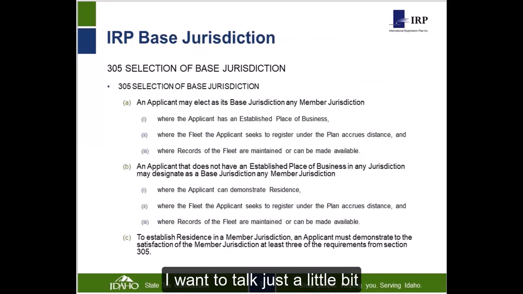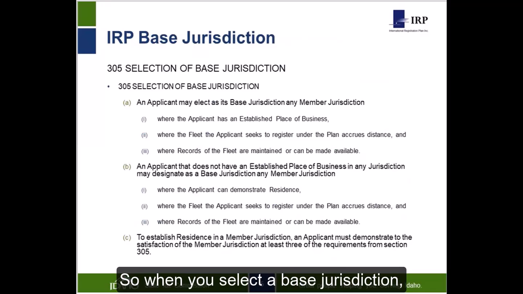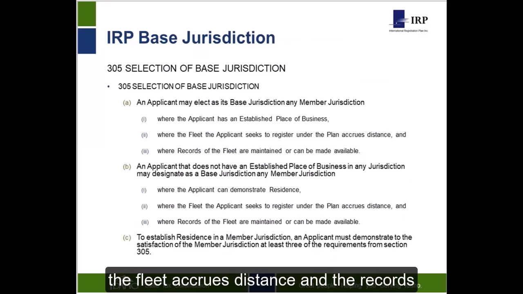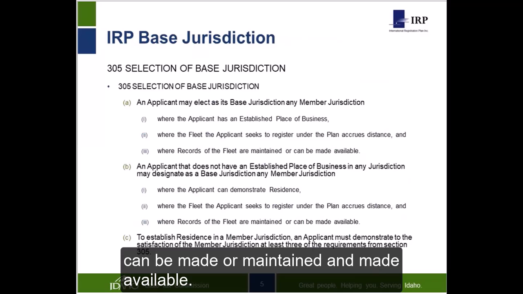I want to talk just a little bit about the IRP base jurisdiction. So when you select a base jurisdiction, the applicant may elect as its base jurisdiction any member jurisdiction where the applicant has an established place of business, the fleet accrues distance, and the records can be made or maintained and made available.